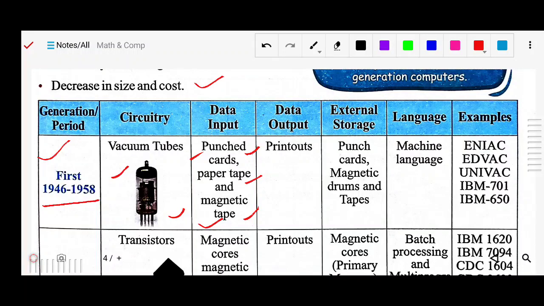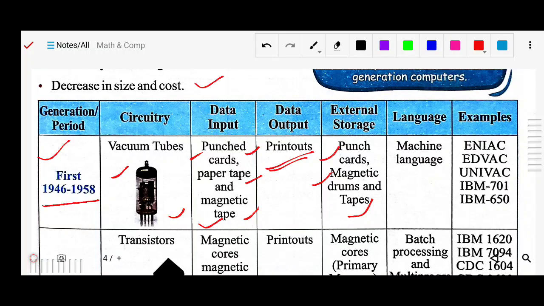Next we have data output: we see the output from the printout. And the external storage: like we use a pen drive nowadays, there the external storage was punch card, magnetic drums and tapes.